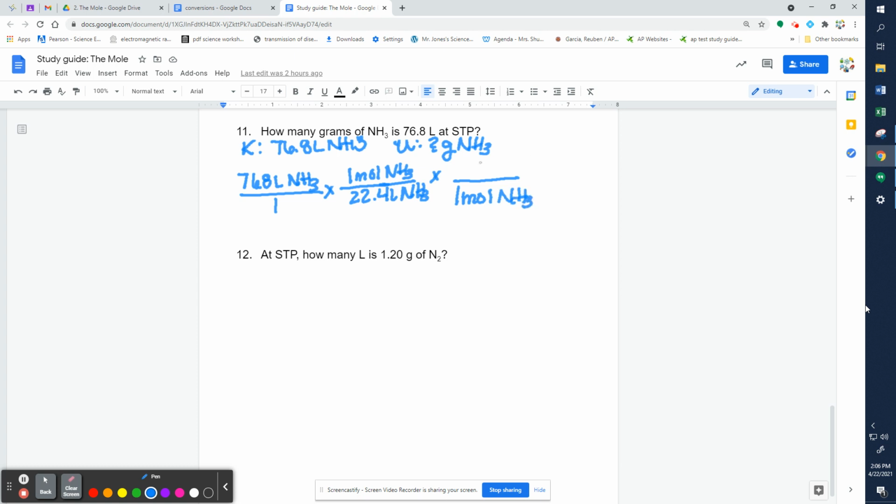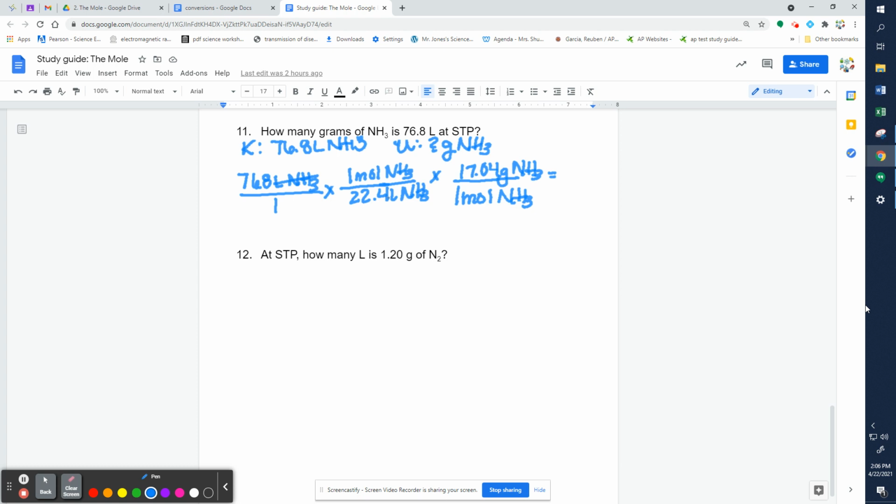To get the molar mass, remember we look at the periodic table. So we add nitrogen, which is 14.01, plus our 3 hydrogens, which should be 3.03. So we end up with 17.04 grams for the molar mass.